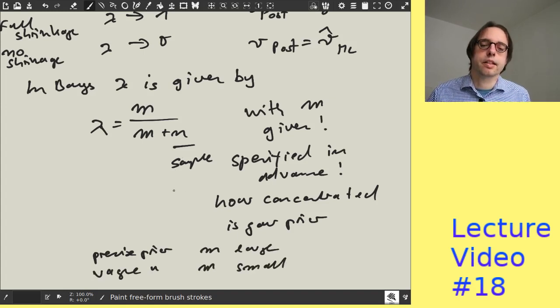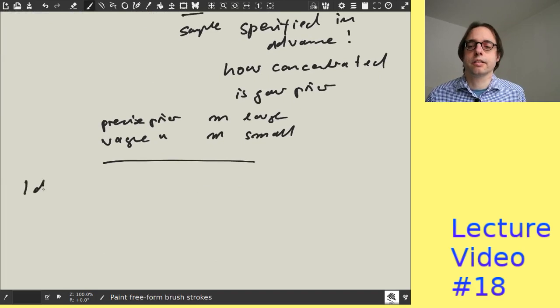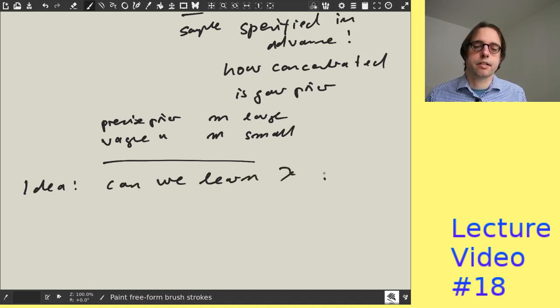So the question is, can we actually learn lambda itself from the data?